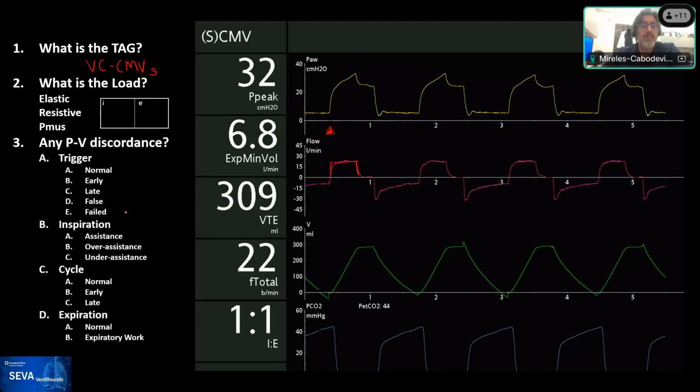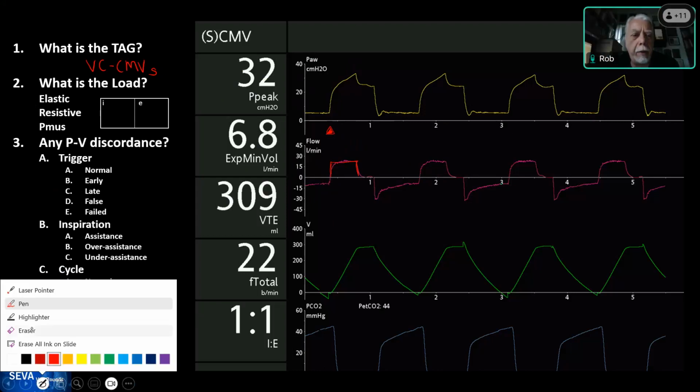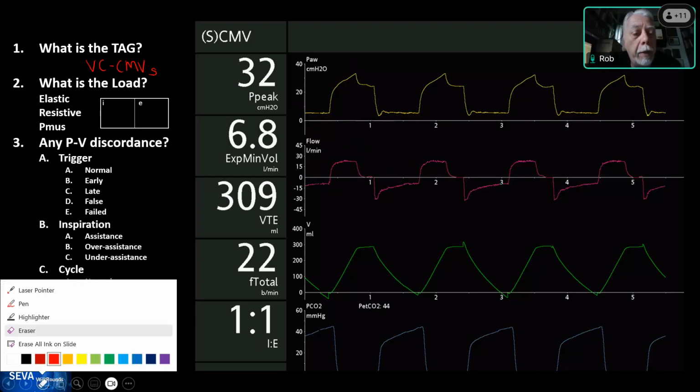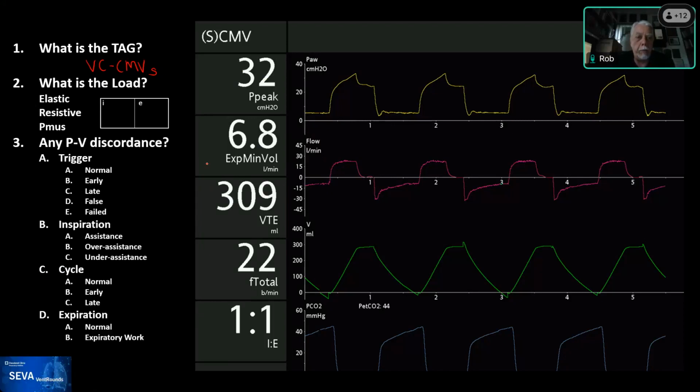Rob? Yeah, it's sometimes difficult to actually identify the targeting scheme just from a few breaths, because some of the targeting schemes interact with PMUS, right? So you just have to know it from looking at the ventilator mode map application or reading the operator's manual. Exactly. And you can get to that level.